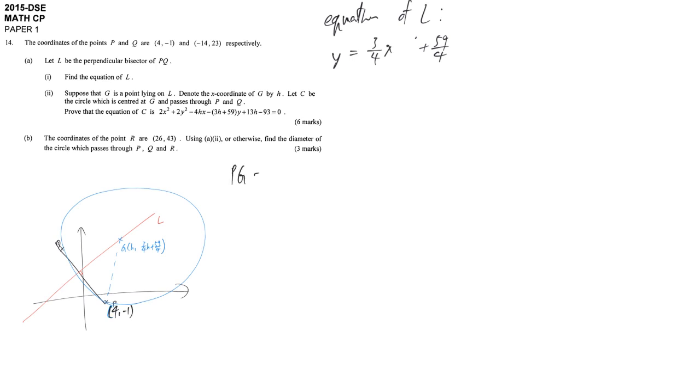So PG squared is equal to the x difference squared, and then plus delta y squared.